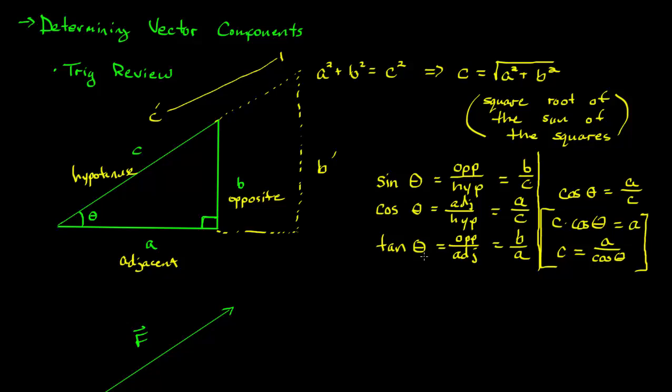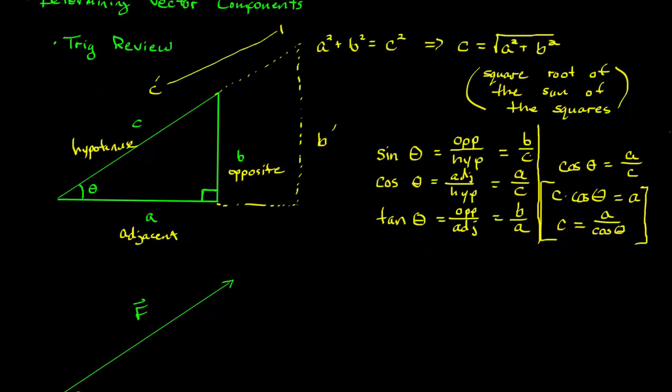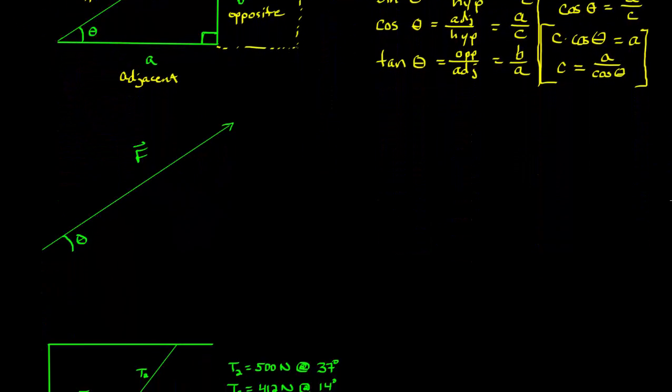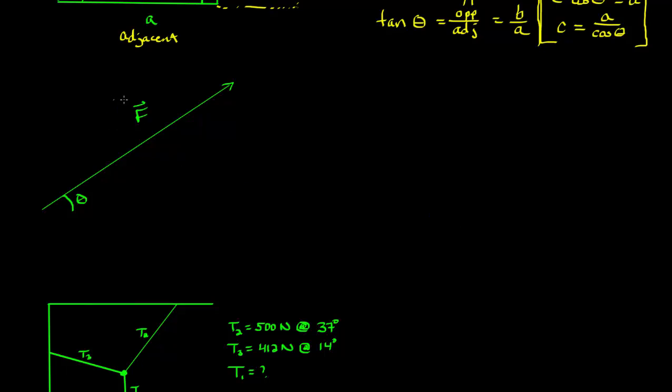The other thing that we need to know is how to figure out the angle. But I think we'll just do that when we need it. We'll introduce that. So now we can apply it. So here's a force. And what I want to do is determine an expression for the components. So the first thing that I would do is draw in the actual components.